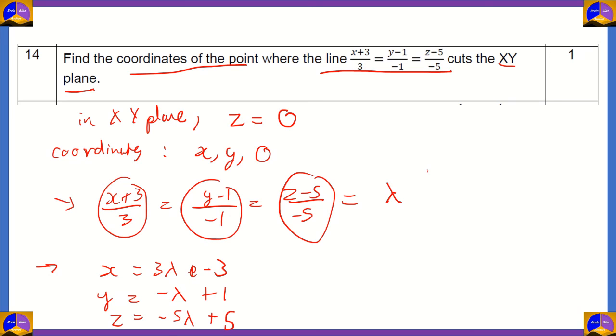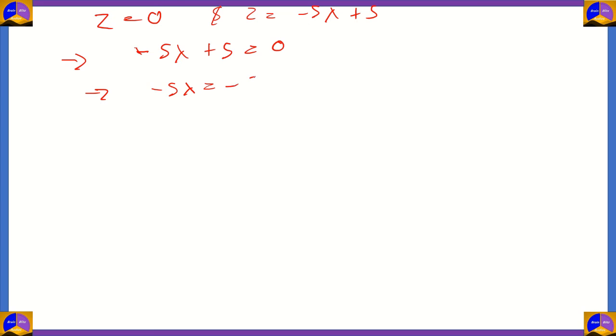Now, using our first hypothesis, in the xy plane, z is always equal to 0. And since z is equal to minus 5 lambda plus 5, that means minus 5 lambda plus 5 is equal to 0. That means minus 5 lambda is equal to minus 5. Lambda is equal to 1.